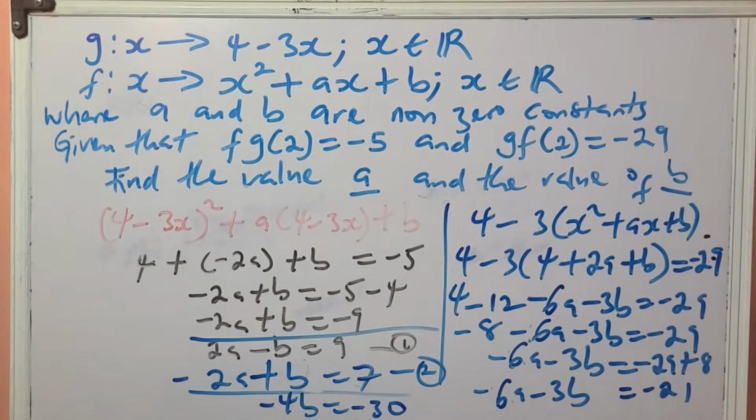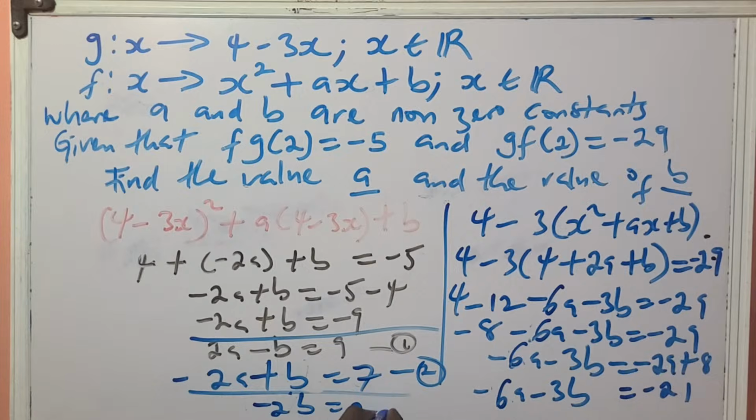All right, so let's go on to have our simultaneous equation. So if we divide to subtract, we'll be having minus 2b equals to 2.